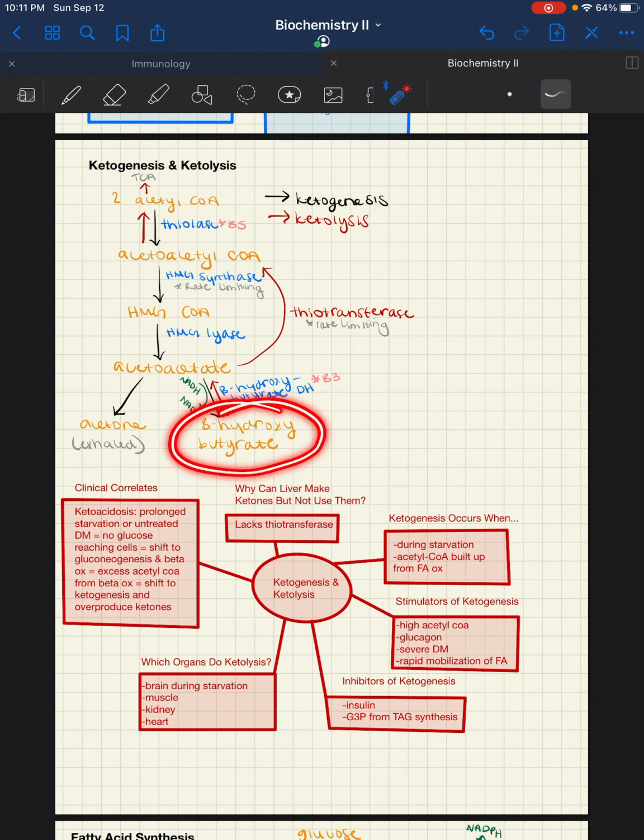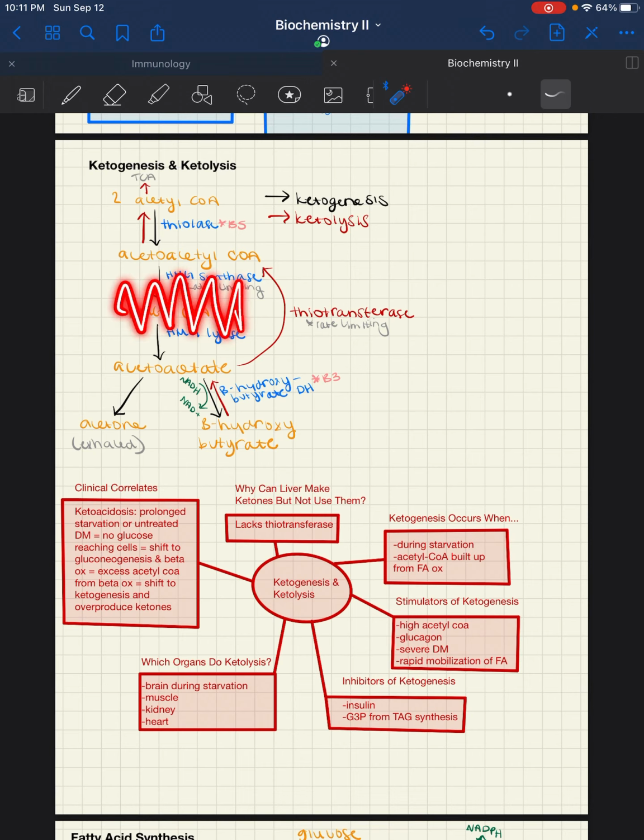So we're going from beta-hydroxybutyrate to acetoacetate, skipping over this, so acetoacetate to aceto-acetyl-CoA using thiotransferase. Then aceto-acetyl-CoA turns into acetyl-CoA using thiolase. So they're essentially almost identical pathways. It's just that ketolysis doesn't have this middle part with the HMG stuff.